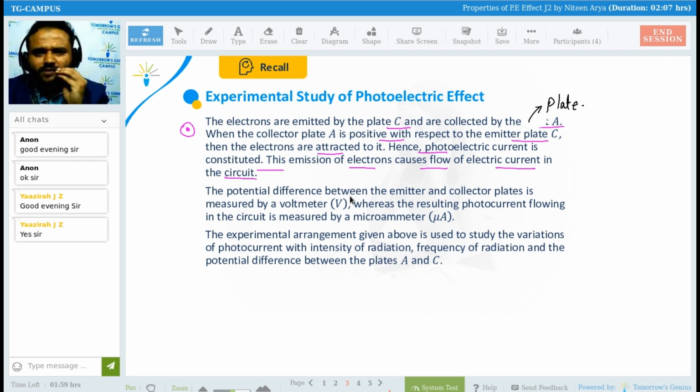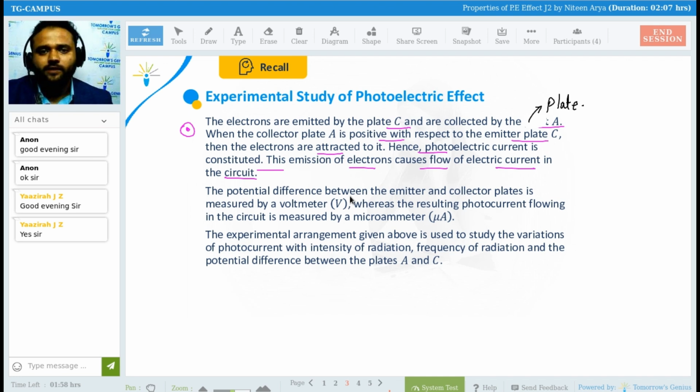So whenever the emission or ejection of photoelectrons is done, due to the negative terminal of the plate, the negative is going to repel, and automatically the photoelectrons are going to be attracted towards the positive plate, and there is a flow also.